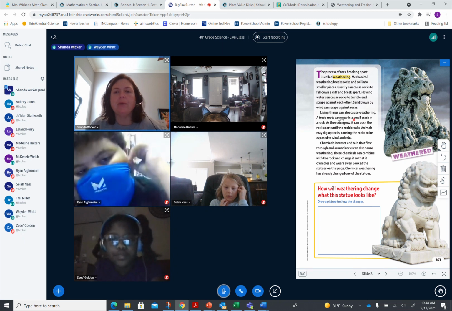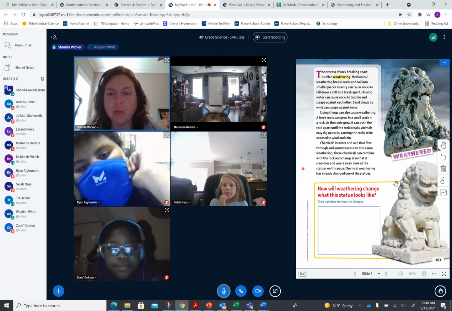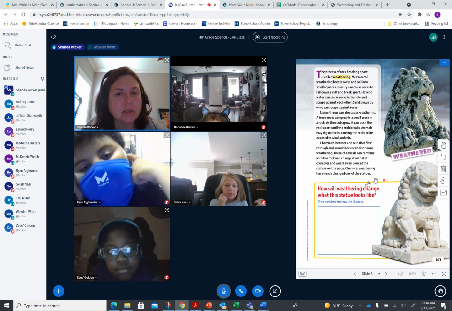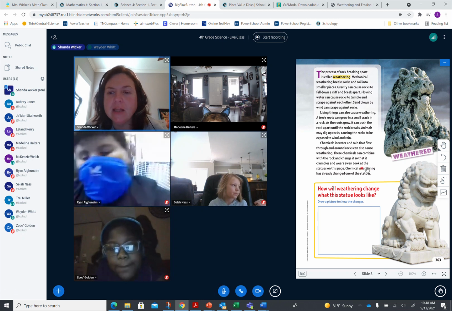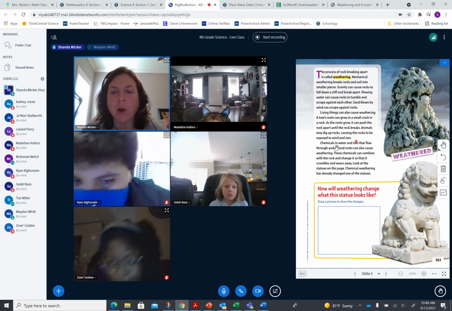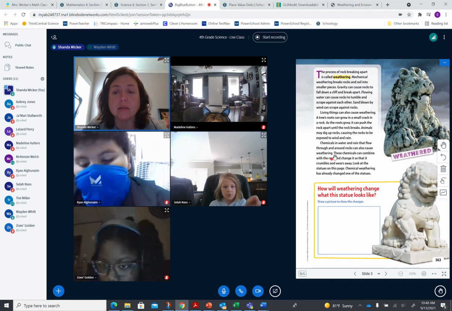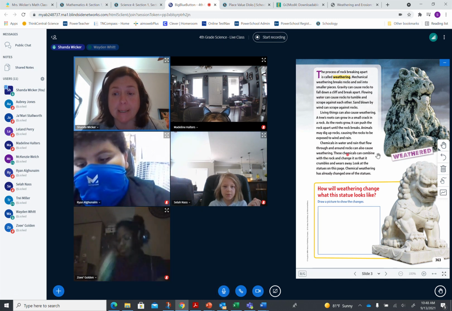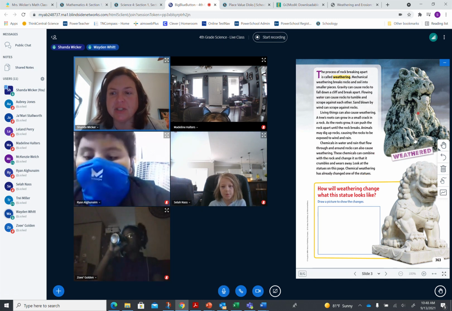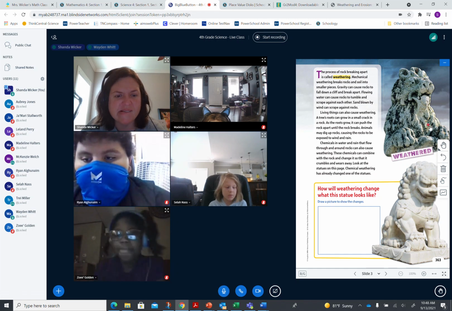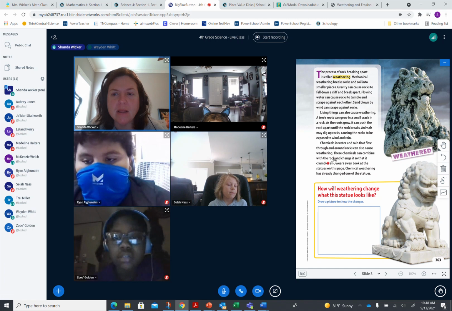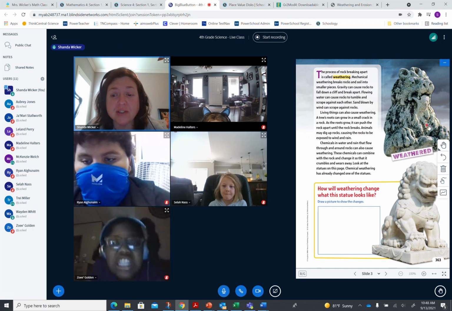So then when we talk about chemical weathering, I can't talk today, guys. Chemical weathering is where chemicals in water and rain that flow through and around rocks can cause weathering, okay? So look at these statues. Look how yucky this one looks. That's a weathered statue.